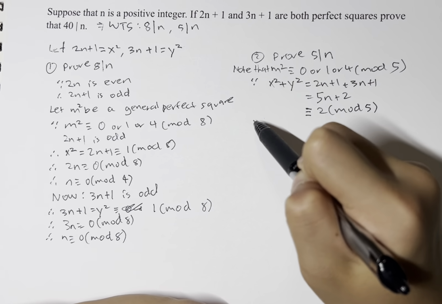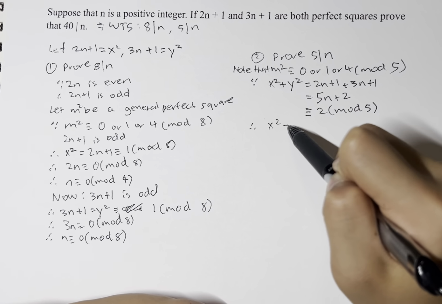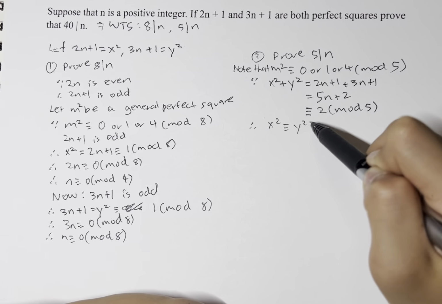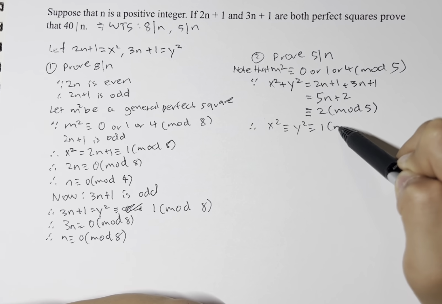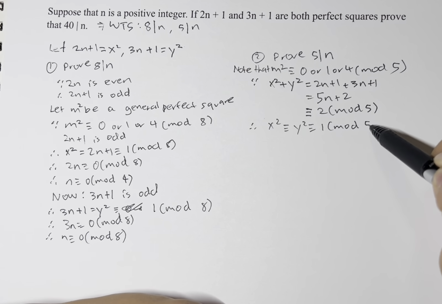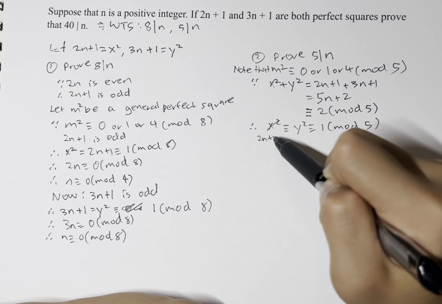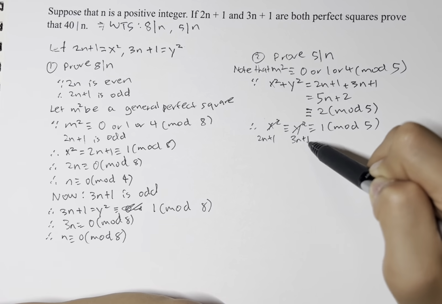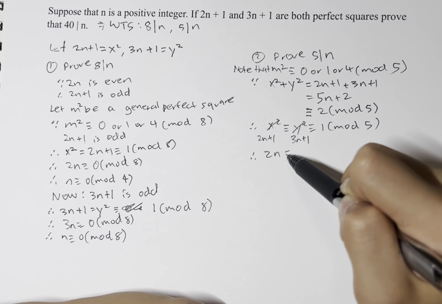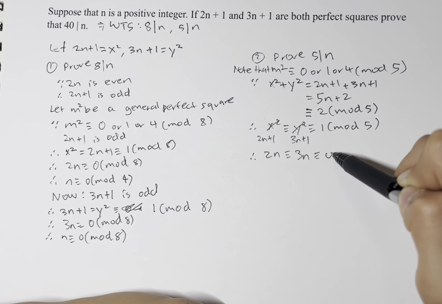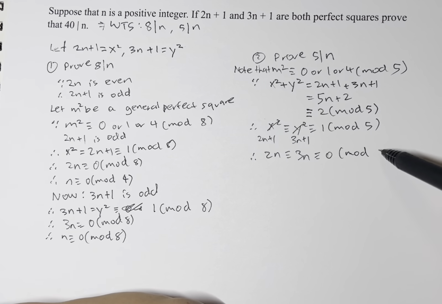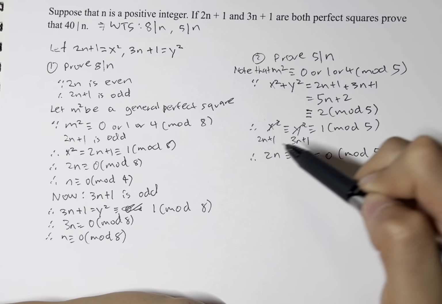So x squared is congruent to y squared, congruent to 1 mod 5. Replace these with 2n plus 1 and 3n plus 1. So 2n is congruent to 3n, congruent to 0, because you subtracted 1 from both sides, mod 5.